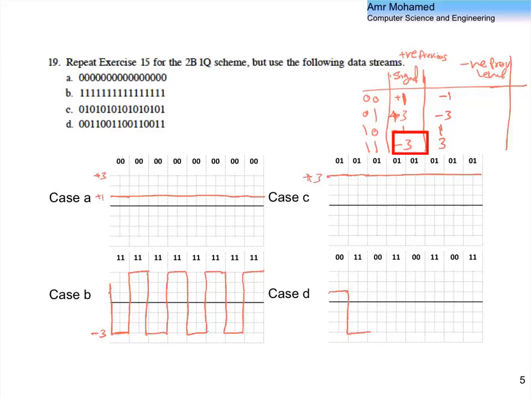And then for 0, 0 for negative, so we go minus 1. So 0, 0, and the previous level is negative, so we go minus 1. And then 1, 1, and the previous level is negative, so we go 3. And then 0, 0, positive, so we go positive 1.